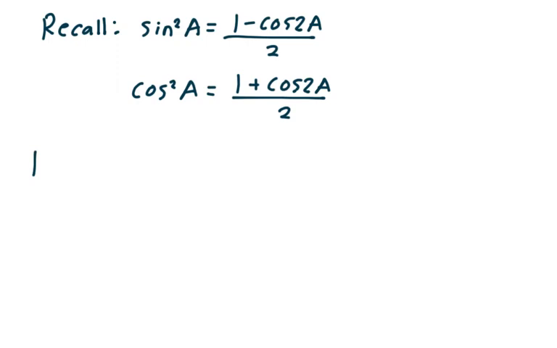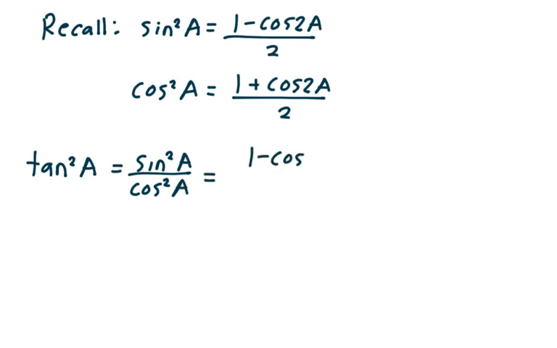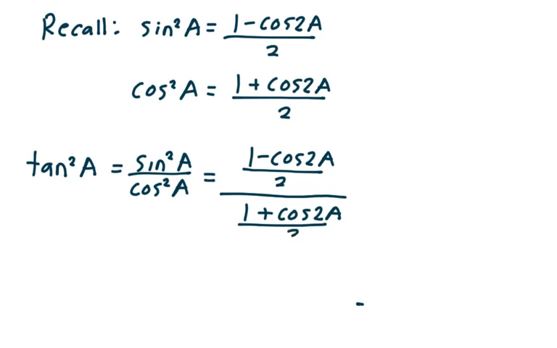And so if I want tangent squared of A, this is sine squared A divided by cosine squared A. But this is (1 minus cosine 2A) divided by 2, and this is divided by (1 plus cosine 2A) divided by 2.